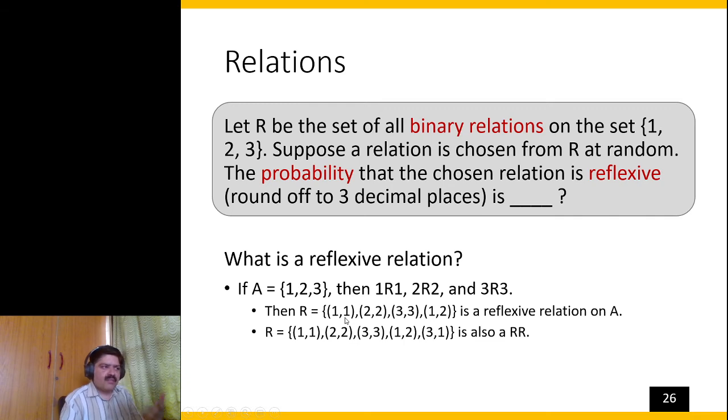These three must be part of R, and along with that, I could have any number of other relations as well. So now this set is a reflexive relation on A.